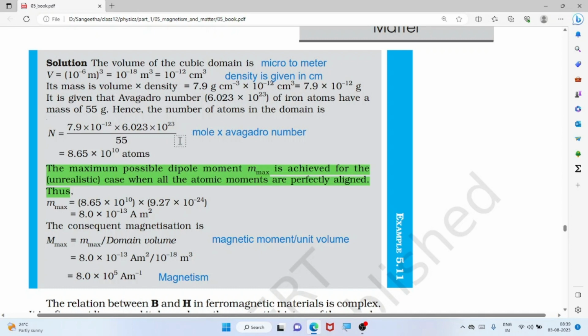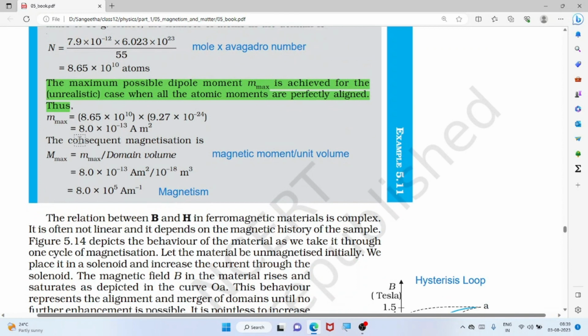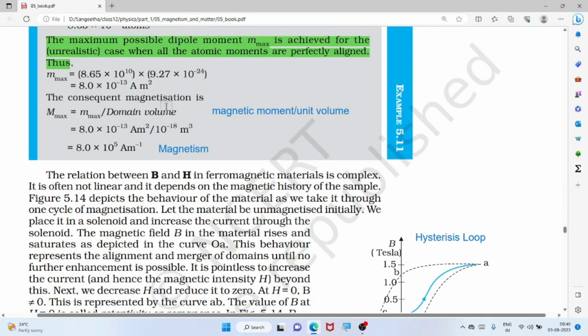Density, and this is the Avogadro number. The maximum possible dipole moment is achieved in the unrealistic case in which the atomic moments are perfectly aligned.